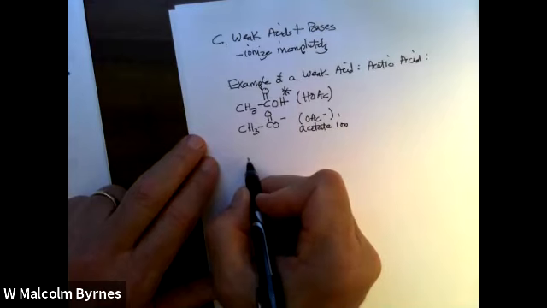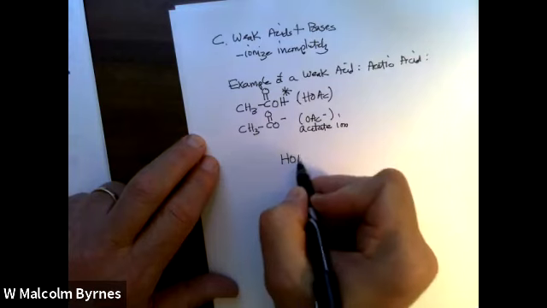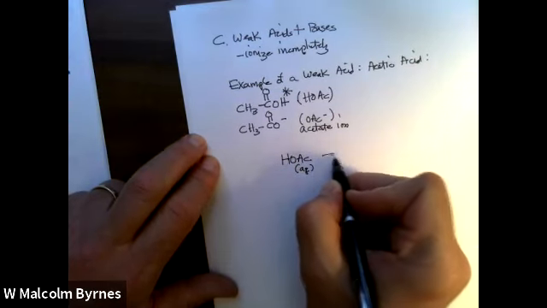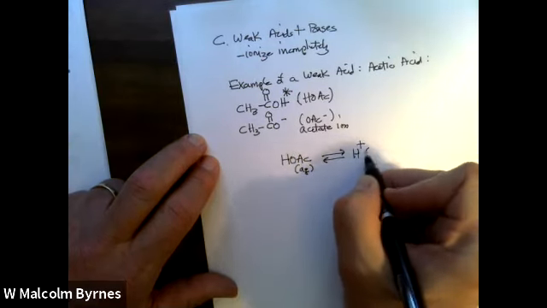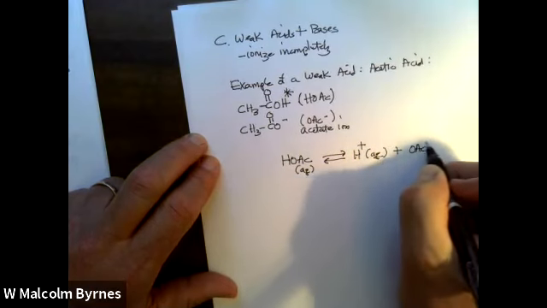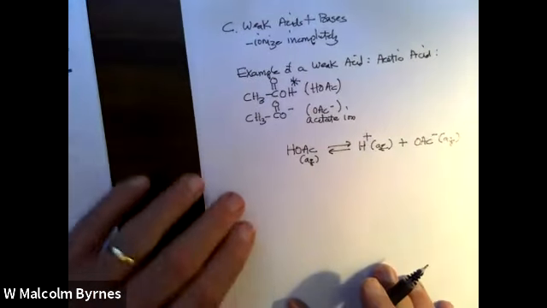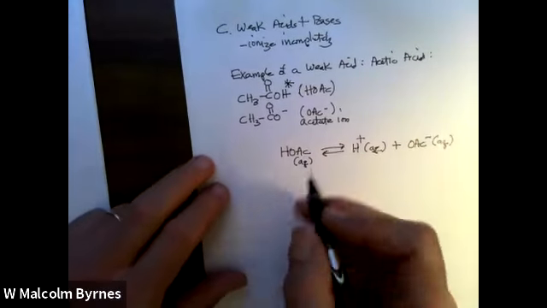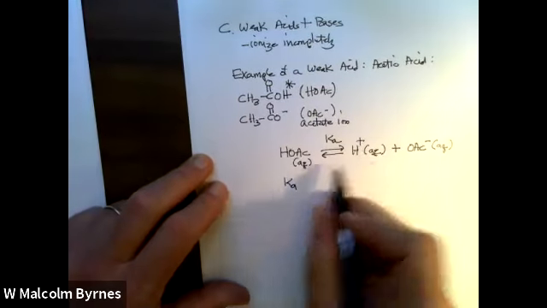So here's the equation for the dissociation of acetic acid in solution. The aq just means that it's dissolved in solution. And we can write an acid dissociation constant expression. It's an equilibrium constant, Ka, that governs that equilibrium.